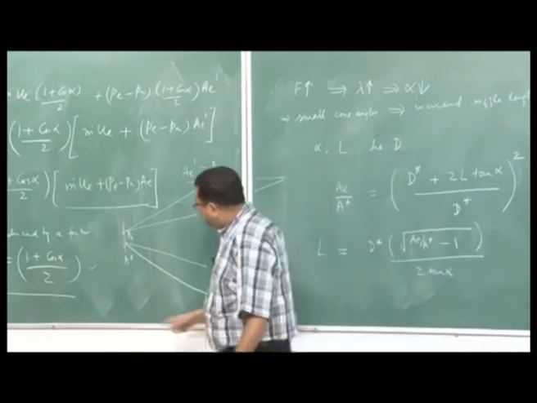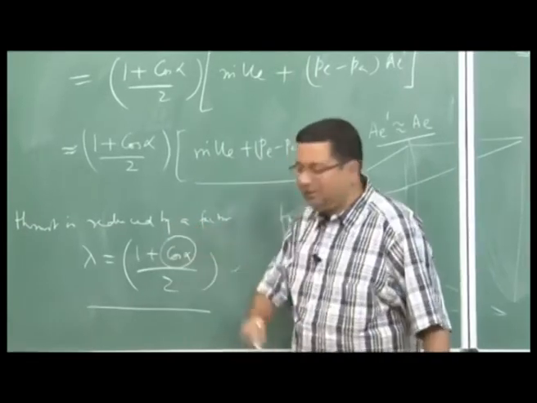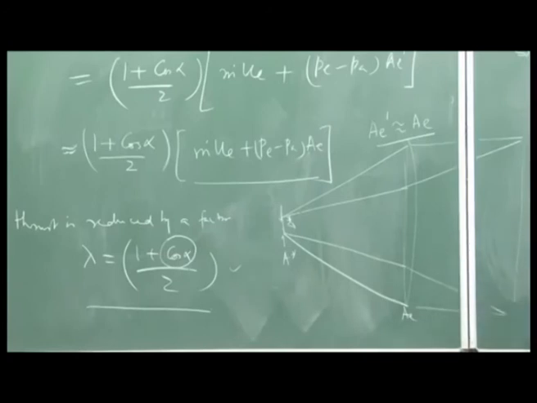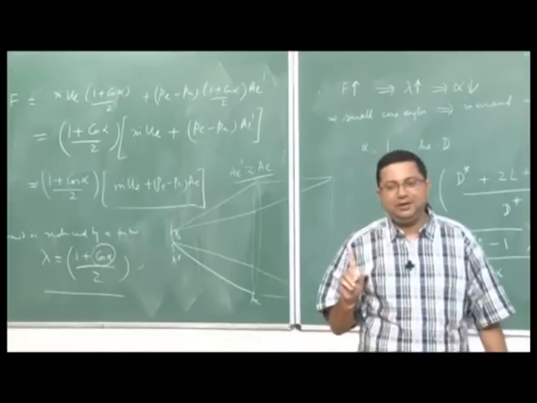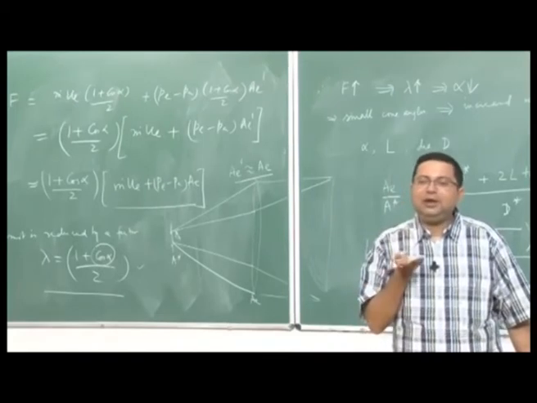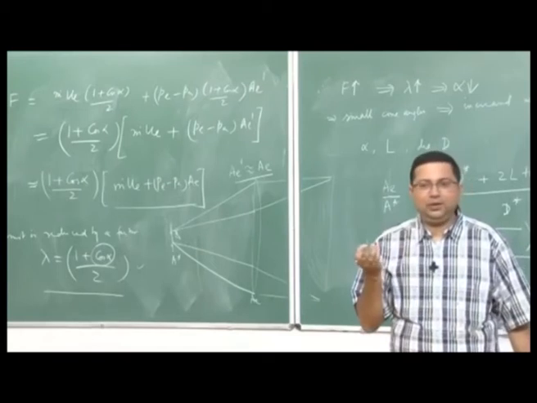Second, we have shown here that if we make alpha equal to 0 degree, then lambda is 1, right. So, alpha equal to 0 degree essentially means that if we make the flow parallel to its axis, then lambda is 1.